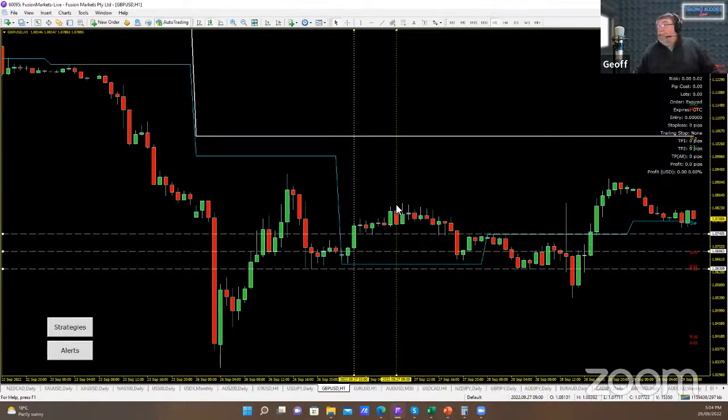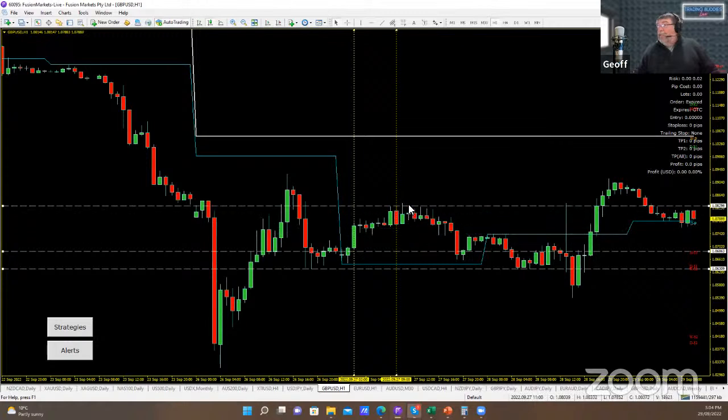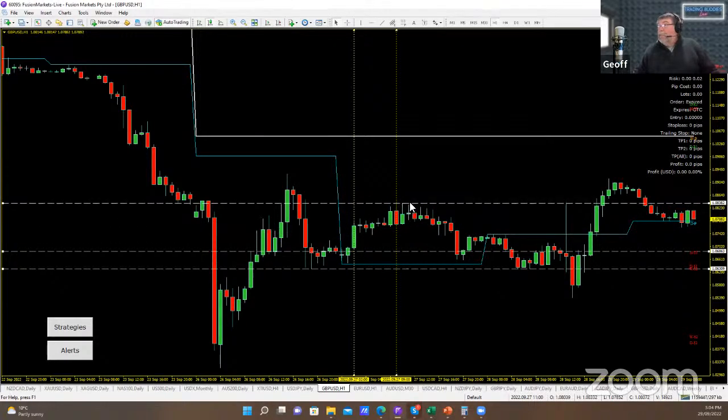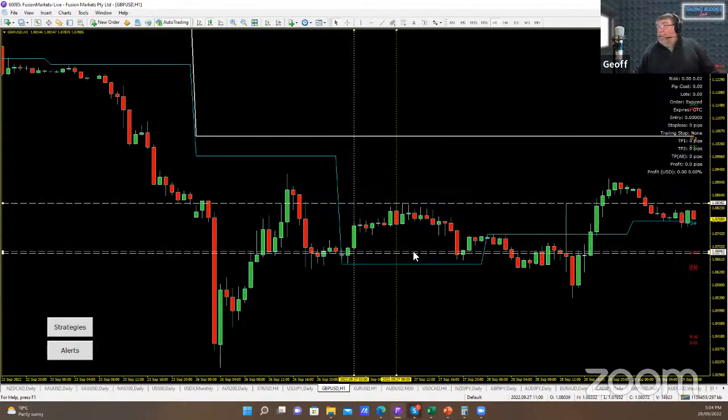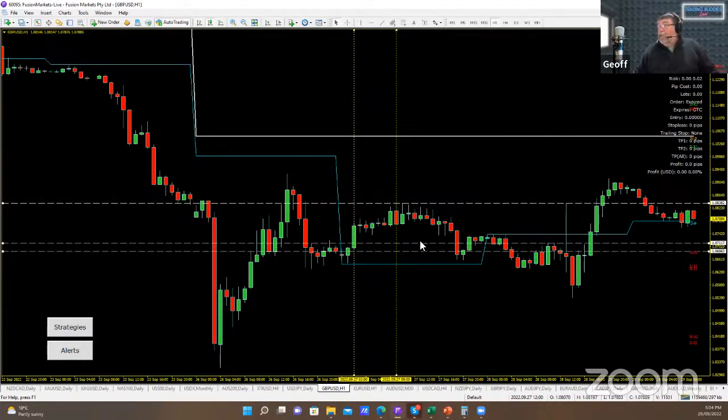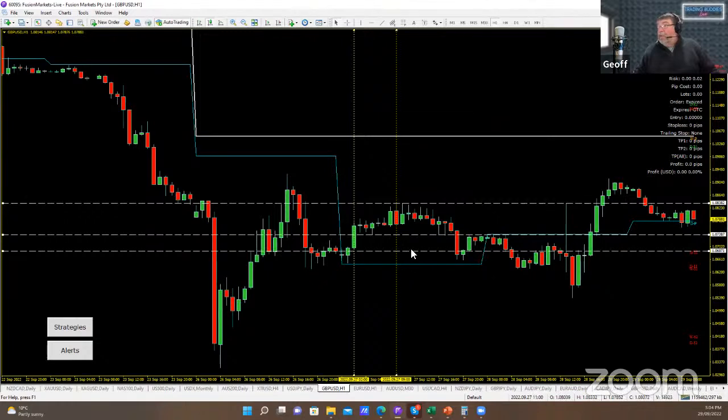Top of the range is here. Bottom of the range is here, pretty much where that one is. So high of the range is 108.38. Low of the range is 106.90. So you've got 148 pips.